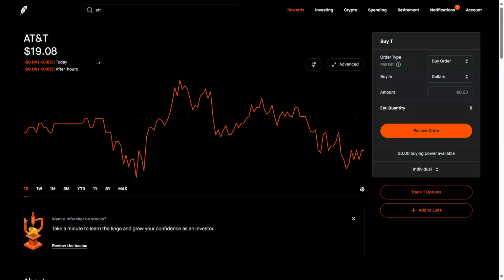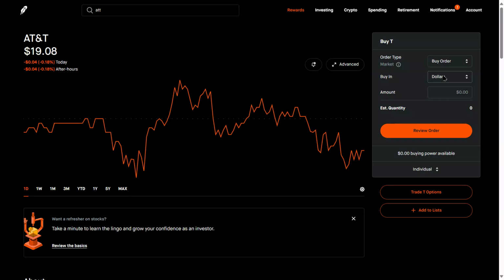If I wanted to buy shares of AT&T, right, then you could go right here to buy. Robinhood has this thing where you could buy fractional shares, right? So let's say AT&T is $19.08 right now. Let's say you only have $10 that you want to invest in AT&T. Well, you could do that.